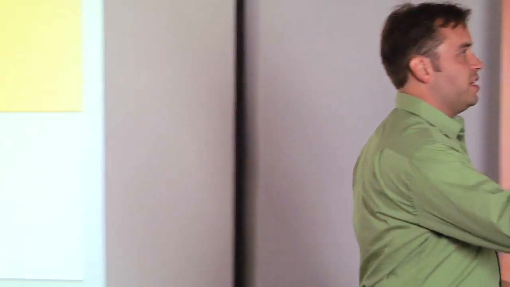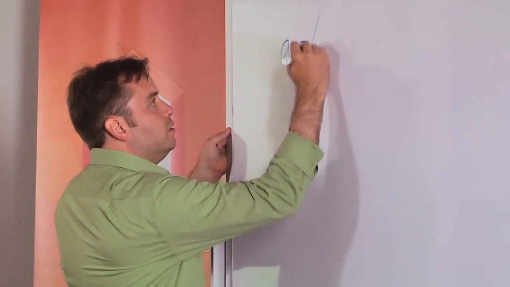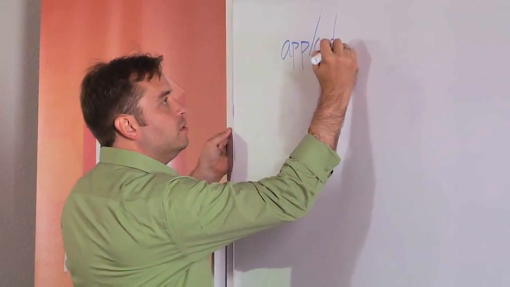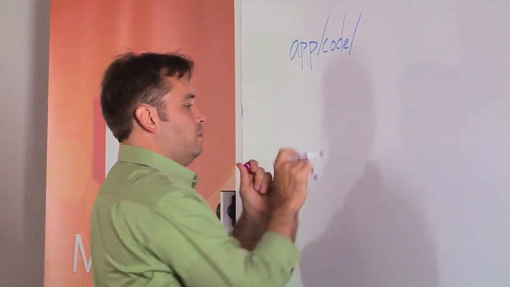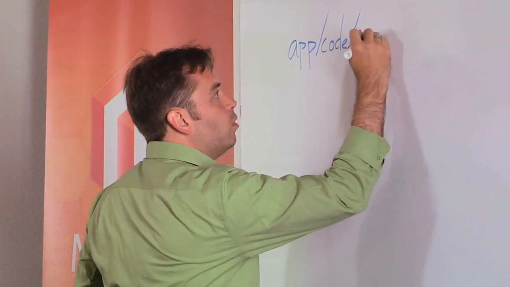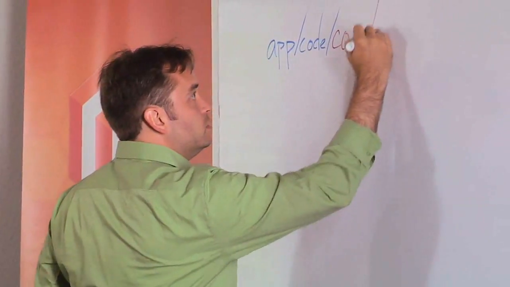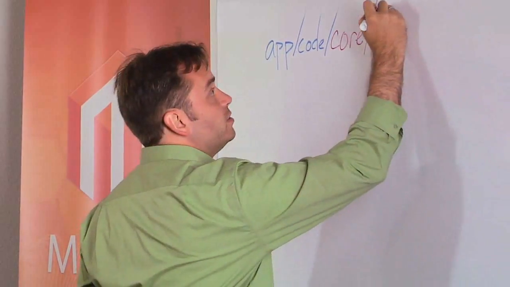So this would translate to, again, app code core, and then enterprise banner.